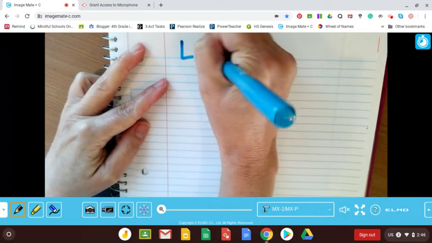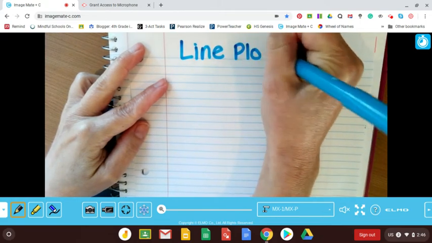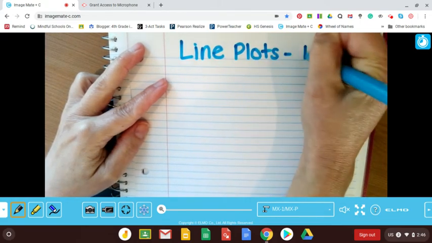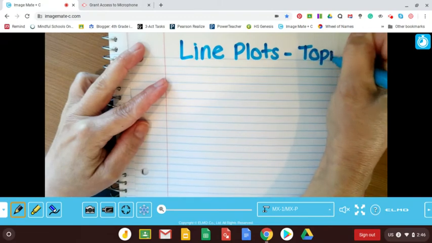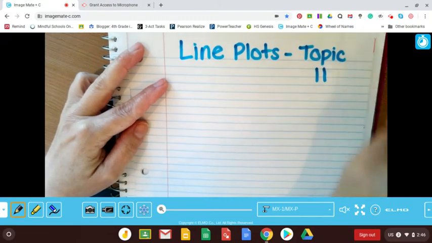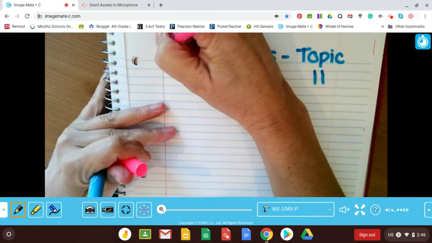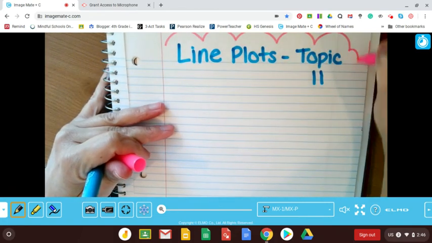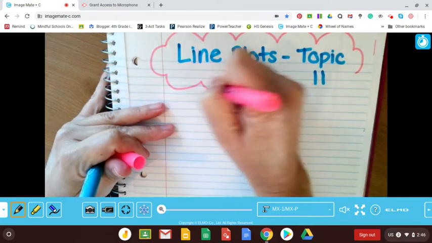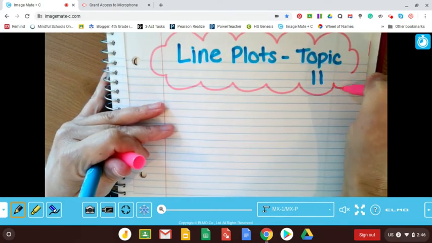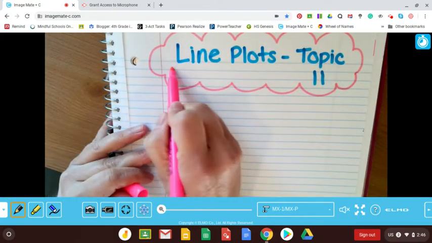I want to write down line plots and maybe topic 11. This isn't a very long topic. It's a pretty short topic. We're going to be spending about a week and a half, maybe 2 weeks on it in all. And just to make it a little bit fancy, so we like to look at our notes.